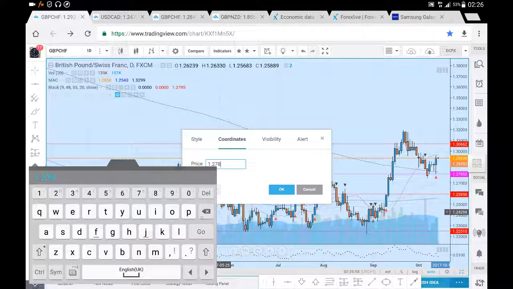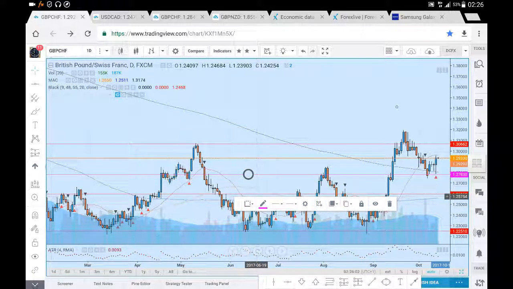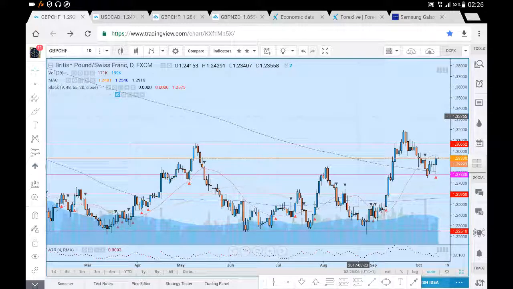Let's just change that to, you know what, let's just go with 127.83. We're looking at the other higher time frames to see how valid this signal is.